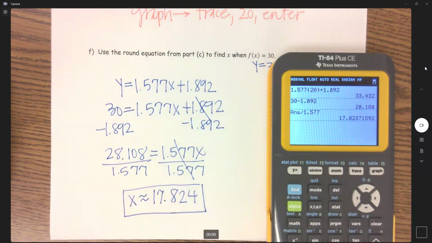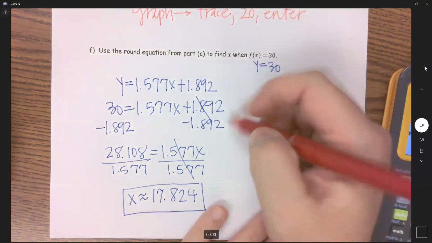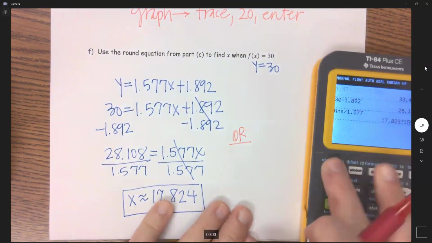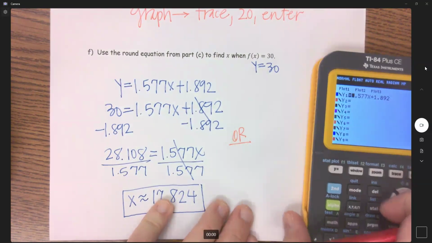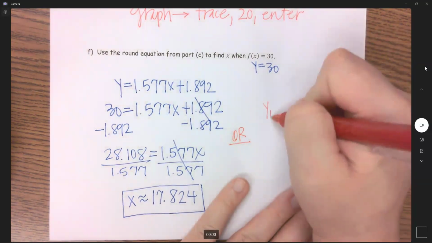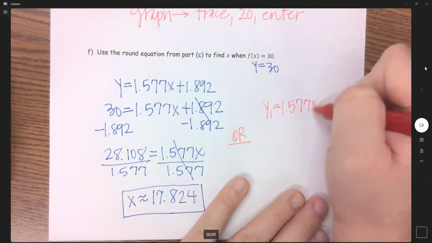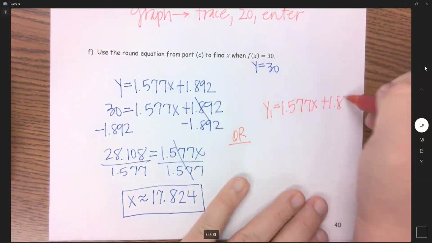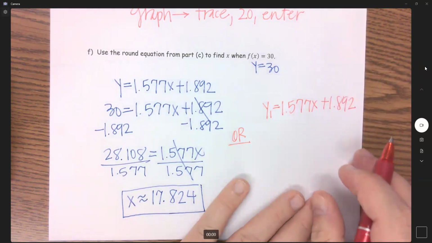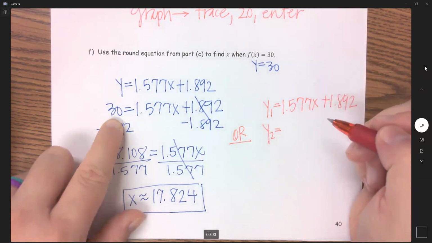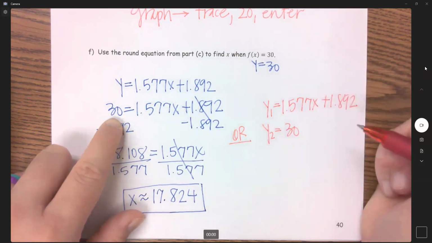When we get to things that are a little bit harder than linear, we need to use what we did last lesson. I already have my y1 as my equation, so I will keep y1 as 1.577x plus 1.892. So then I want to set my other side of my equation as my y2.